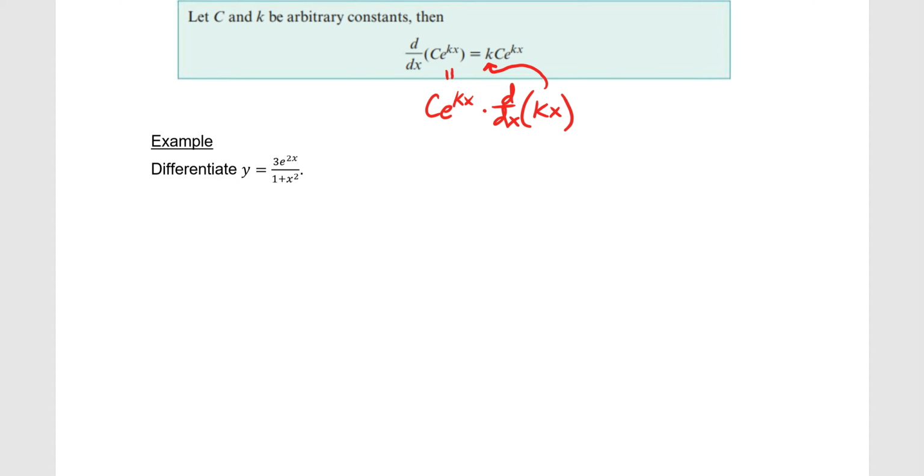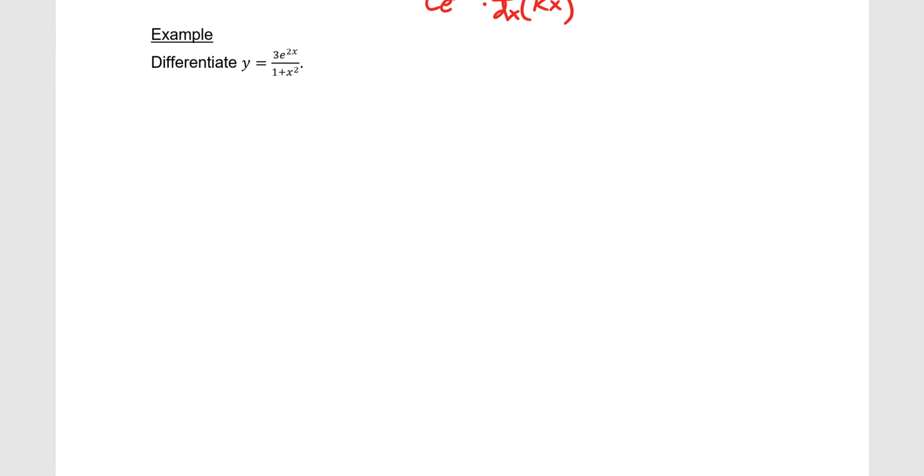So let's differentiate this function, 3e to the 2x divided by 1 plus x squared. And that's going to be y prime equals, so we know that we need quotient rule. And that's going to be low d high.